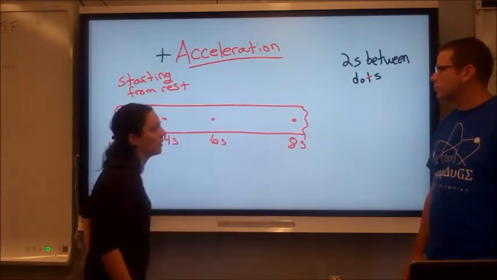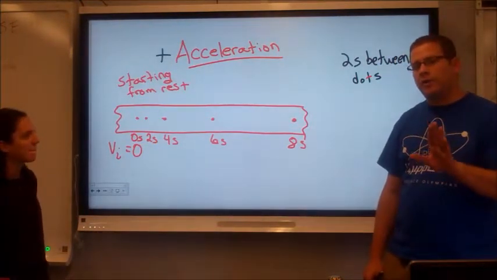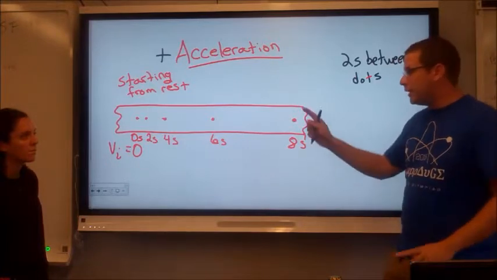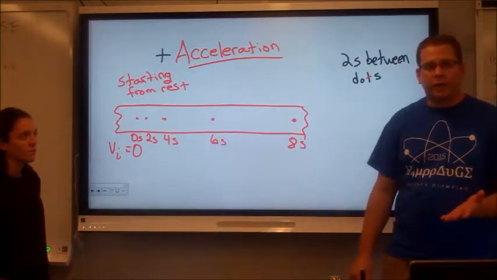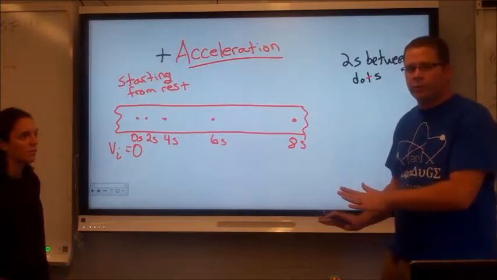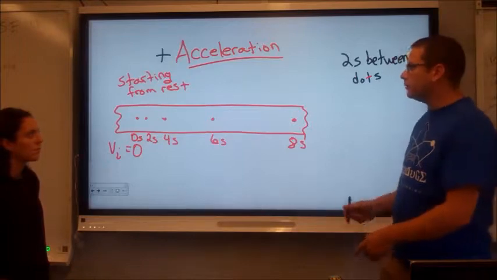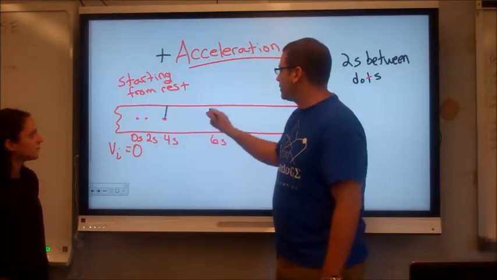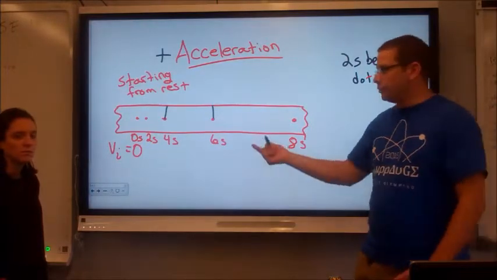What we can do here is we can figure out the average velocity in between each set of dots. How will we do that? We're not going to do it for you because it's the same exact situation we just did. But we're giving you the idea: you would actually measure the distance between these two dots and divide it by the time difference of 2 seconds.